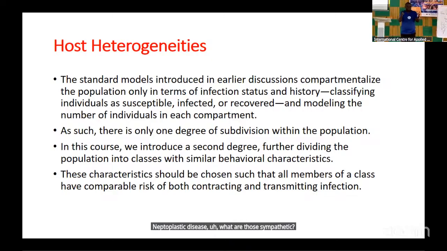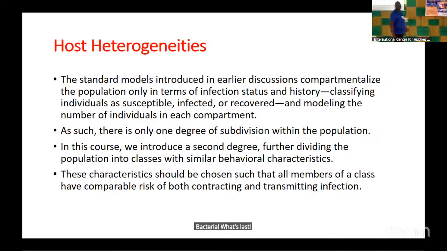Microbial pathogens: viruses, parasites, some protozoa, fungi, bacteria. So we focus on infection status, and that's why all the models we have been doing are microparasitic.